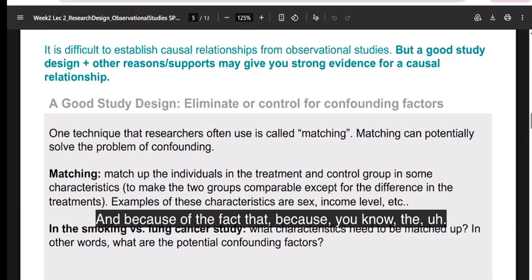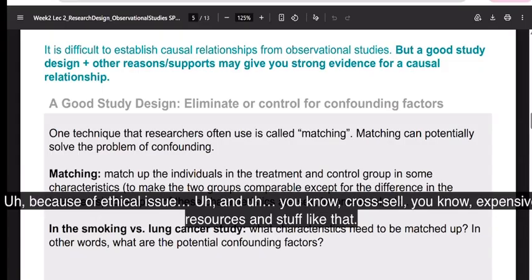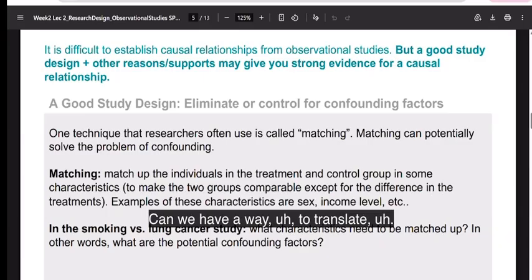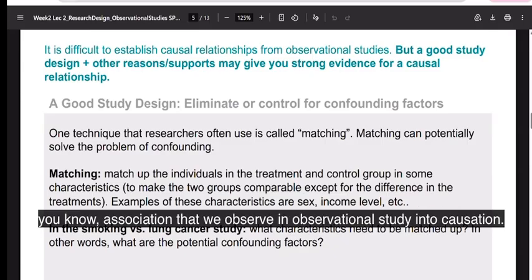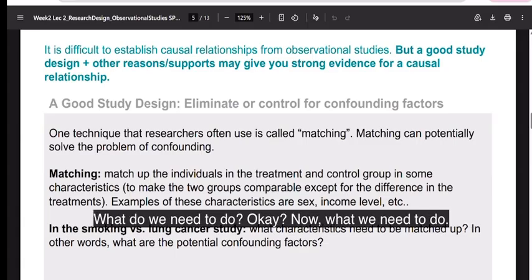And because of ethical issues and costly, expensive resources and stuff like that, can we have a way to translate the association that we observe in observational study into causation? What do we need to do?